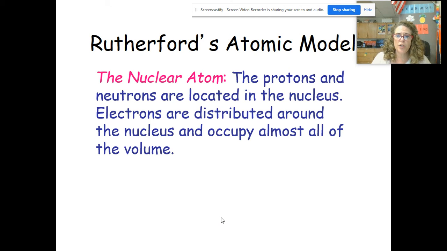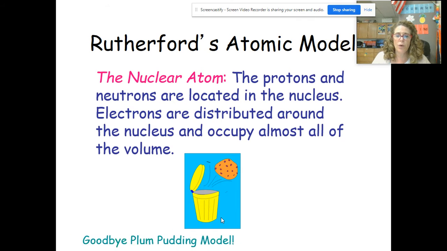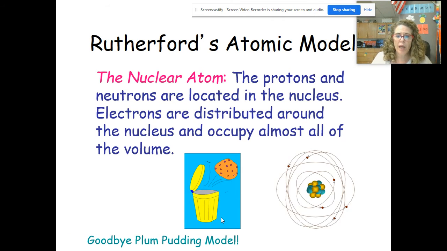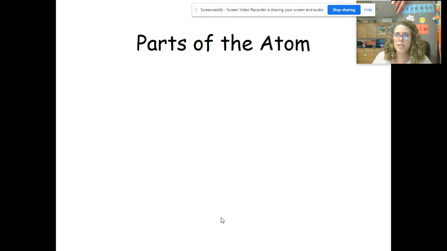And the protons and the neutrons are located in the nucleus. The electrons are around the nucleus and occupy almost all of the volume, and the rest is empty space. So that leads us to no more plum pudding model. And now we have the nuclear atom, which leads us to now let's talk about the parts of the atom.